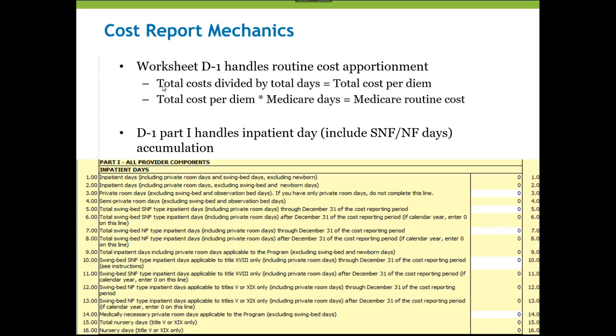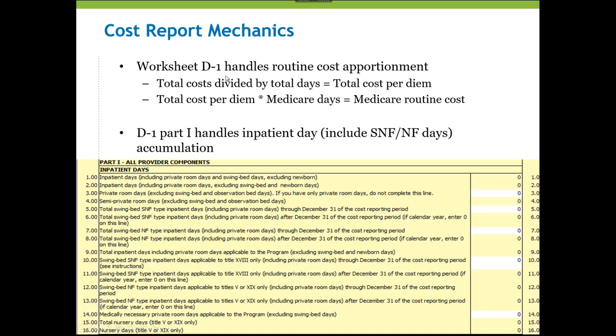But all of these next couple of slides deal with the general routine cost center, versus intensive care, the burn units, the coronary care units, the other routine care cost centers. So all of the mechanics we're talking about here, including the carve-outs, are for the one general routine cost center.